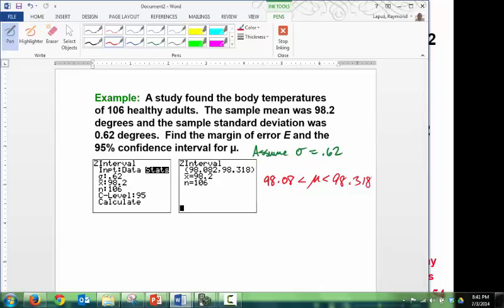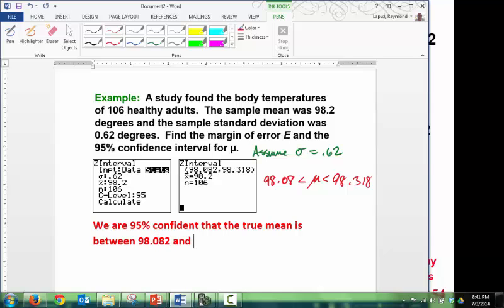And then, of course, you want to write this in words. So in words, we can say we are 95% confident that the true mean is between 98.082 and 98.318.